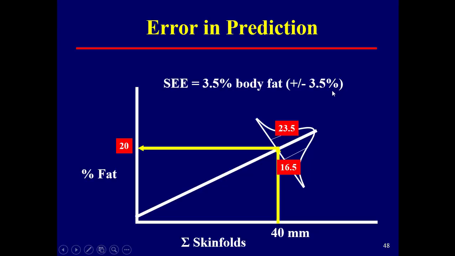So to visualize this now, we're going to come back to our graphic, and you're going to see here that although we've predicted that this person is 20% body fat based on the sum of their 3 skin folds, in actuality, if we go up 3.5% from that, and we go down 3.5% from that, in other words, we go up 1 standard error of the estimate, and we go down 1 standard error of the estimate, it's just like a standard deviation.